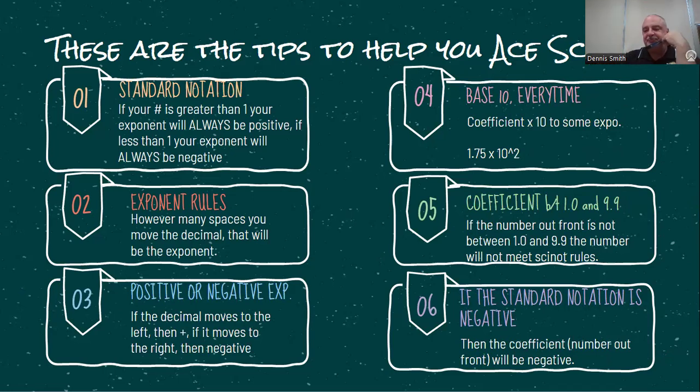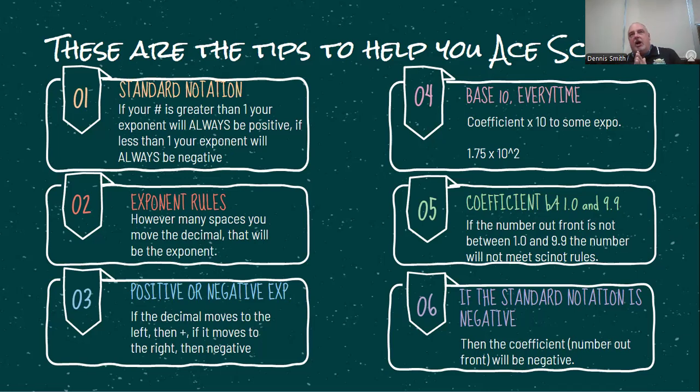And if the standard notation number is negative, say negative 152, then it's the coefficient that's negative, not the exponent. So it would be negative 1.52 times 10 to the second. Just keep that in mind.